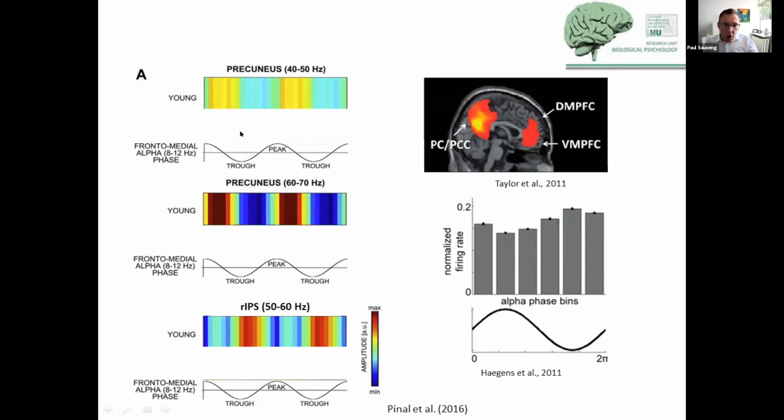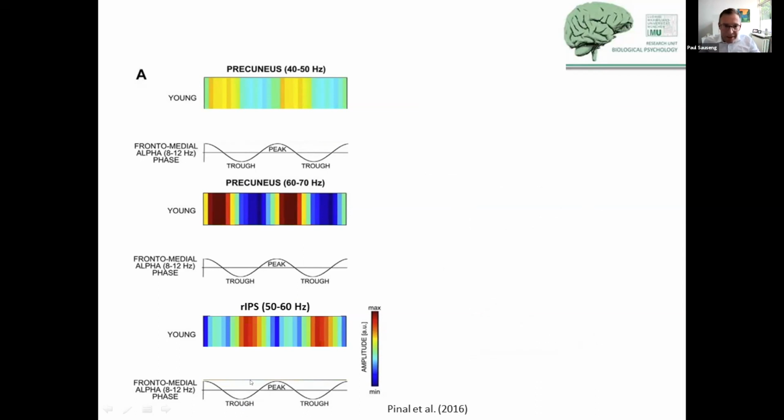If you look at the pattern our young participants showed, you see that the precuneus, as part of the default mode network, seems to be coupled to the more inhibitory peak phase of frontal midline alpha activity, suggesting that you again have this mechanism of active decoupling of the default mode network. On the other hand, the task relevant region, the right intraparietal sulcus, is coupled to the more excitatory trough of frontal midline alpha activity.